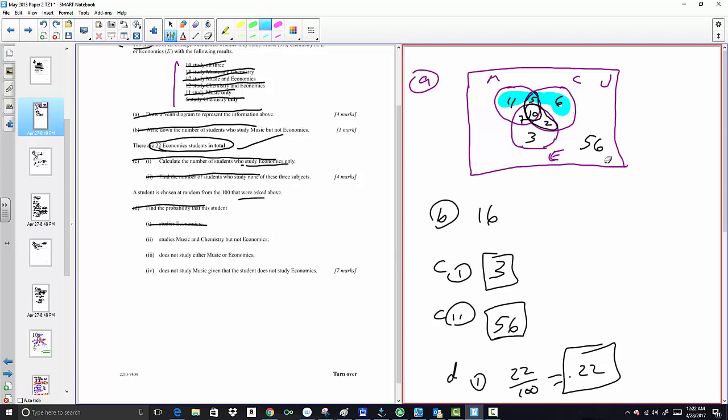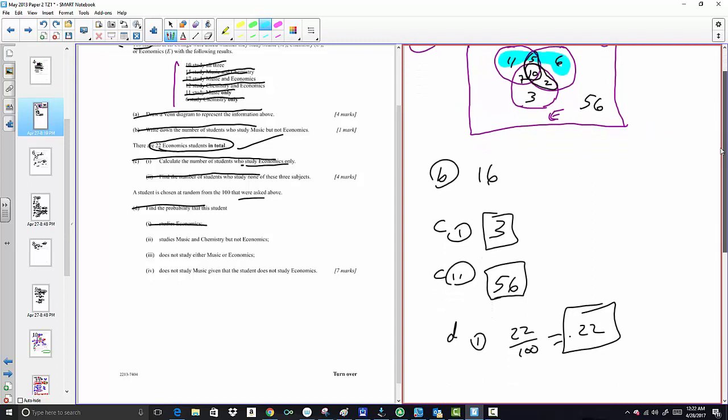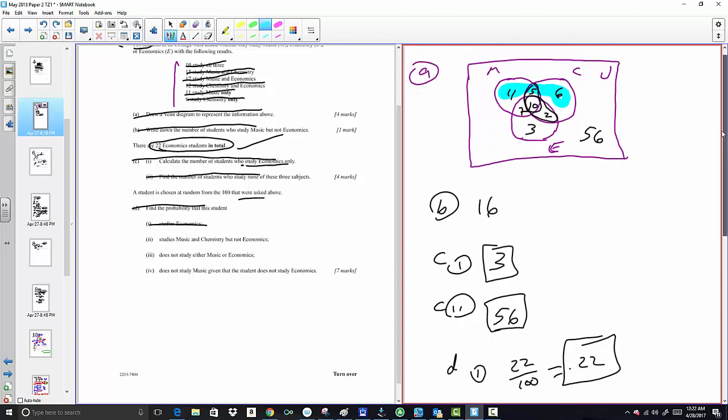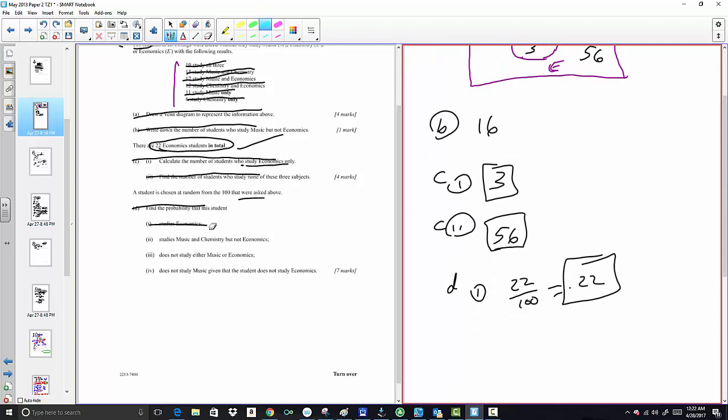Interesting. Oh, also, they have to study music and chemistry, so not in economics. So it's 22. That's interesting. Okay. Oh, that's wrong. That's wrong. I don't like that question.